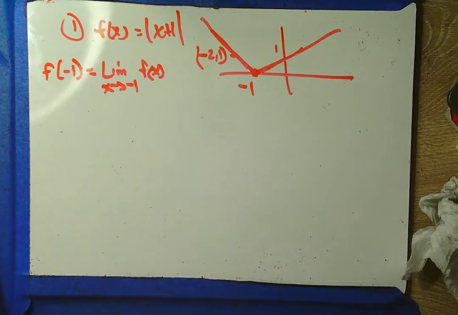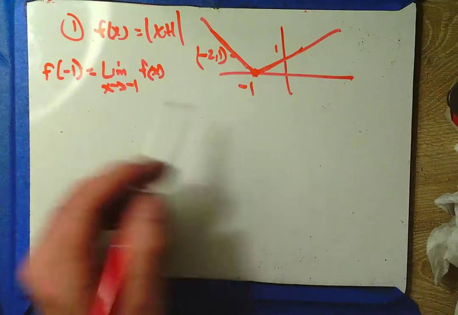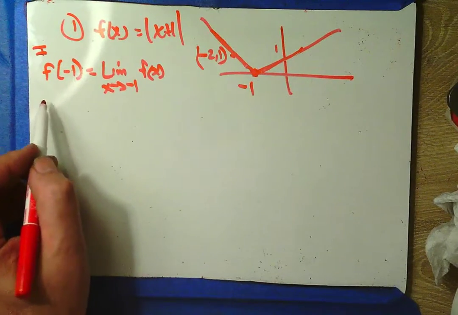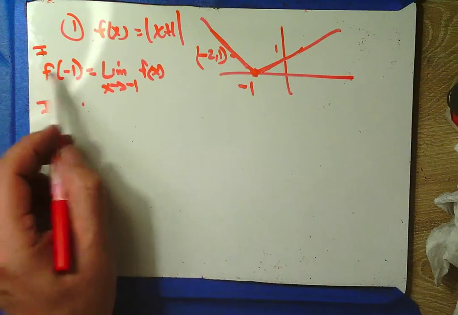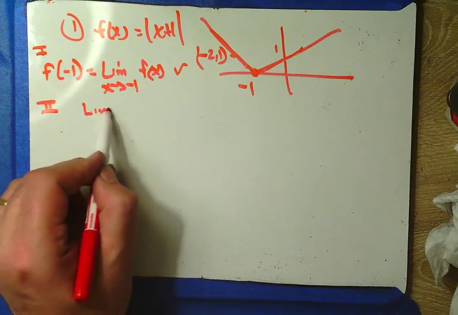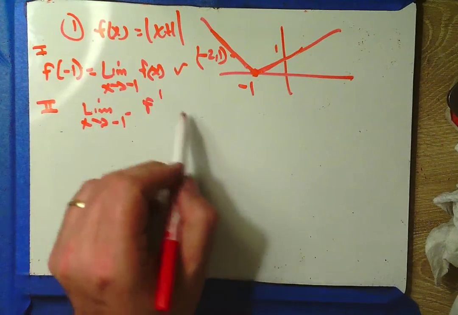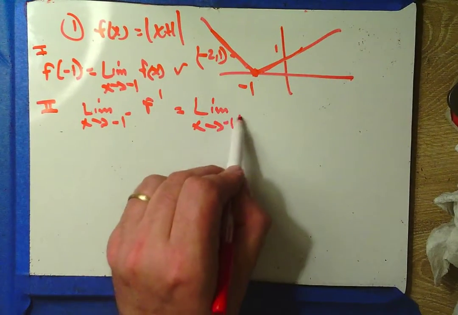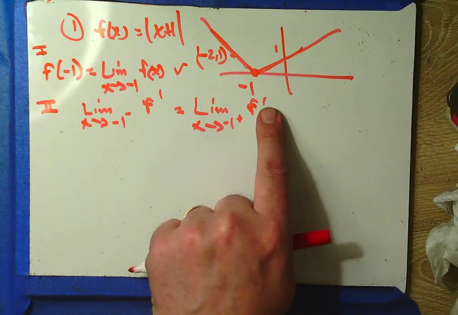Okay, what else? The function is differentiable at -1. Wait a minute. I know in order for differentiability to exist, the function not only needs to be continuous, and we have continuous, but also the limit of the slopes as x approaches -1 from both the negative and positive side. Not the y values, but the slopes have to be the same.